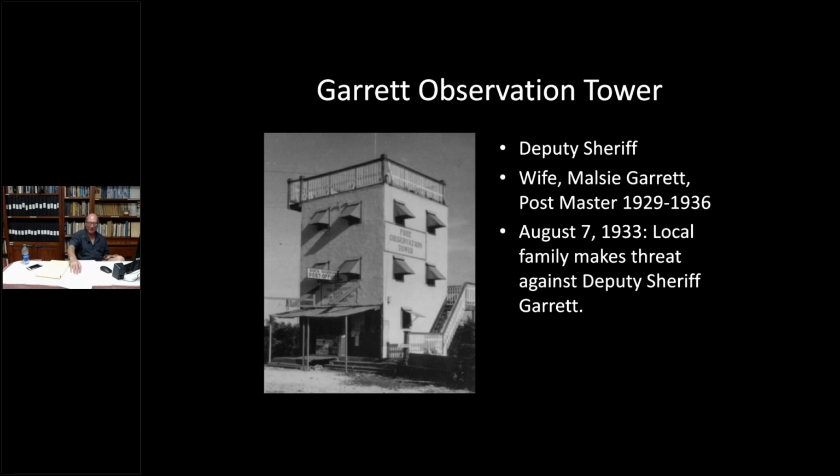And as I was again doing some research, I found an article from August 7th, 1933, and Deputy Garrett had a problem with one of the local families and contacted the sheriff down in Key West. It was a short article in the newspaper, really more of an announcement, that read, "A family on the Keys made a threat against Garrett, and the situation has grown tense.